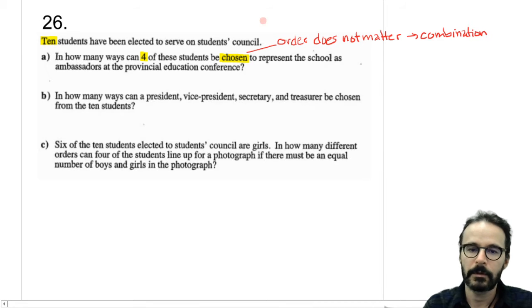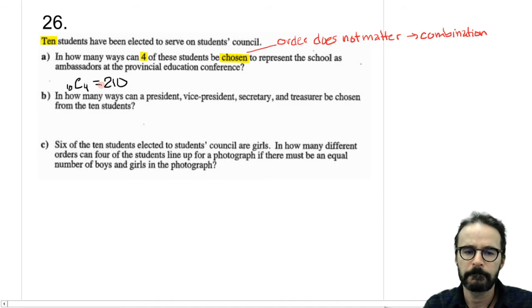Okay, so we will be using the C notation. We have a total of 10 students, so in how many ways can we choose 4 students out of 10? That's going to be 10 choose 4. If we run that through our calculator, we're going to get 210 different ways that we can put that council together.